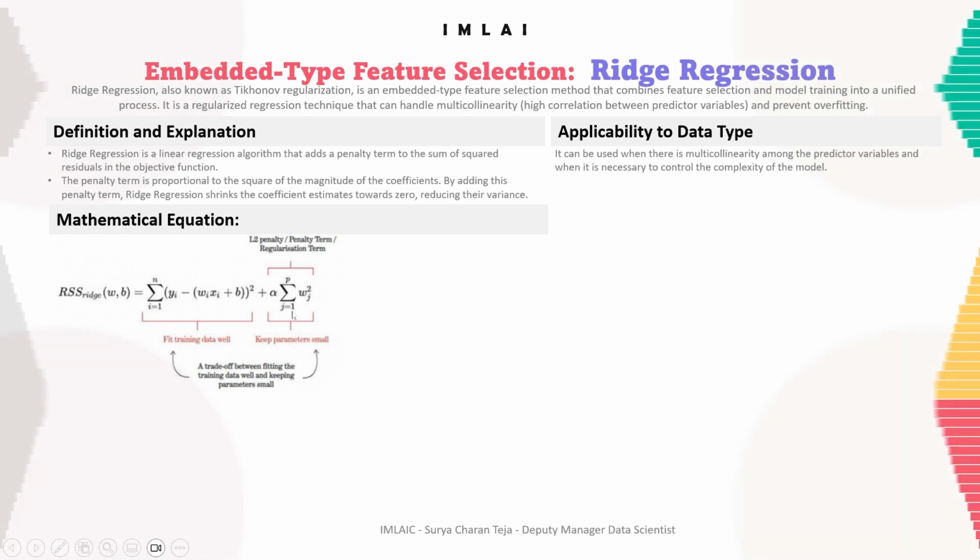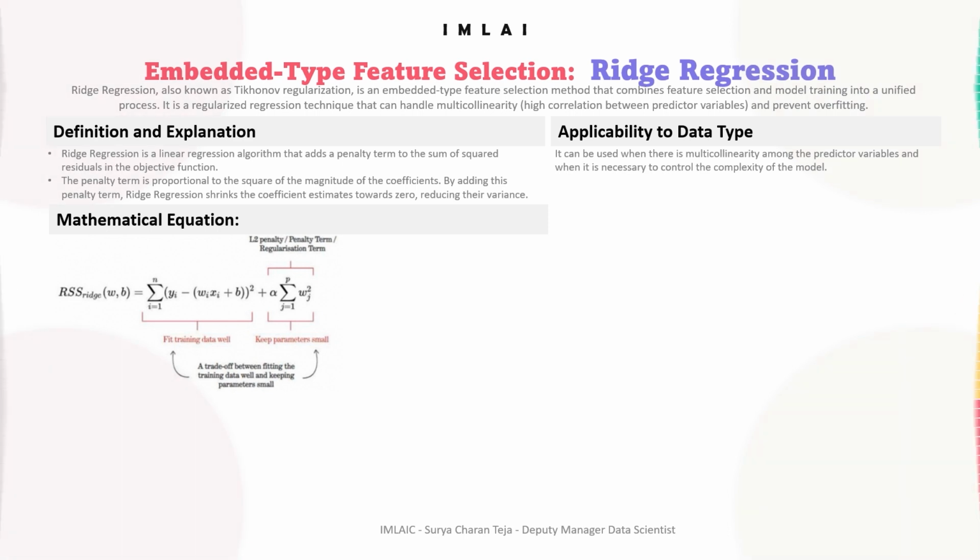So alpha times sigma of j equals 1 to p of w squared, where w is nothing but the coefficients. This penalty term is proportional to the square of the magnitude of the coefficients. By adding this penalty term, ridge regression shrinks the coefficient estimates towards zero, reducing their variance.